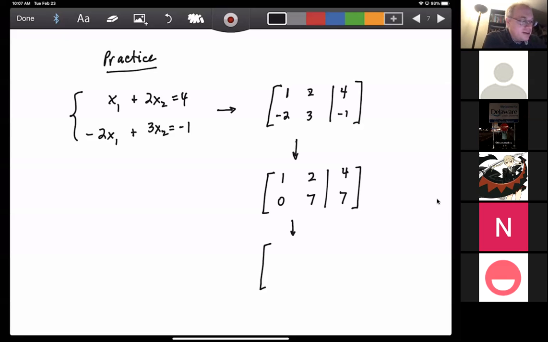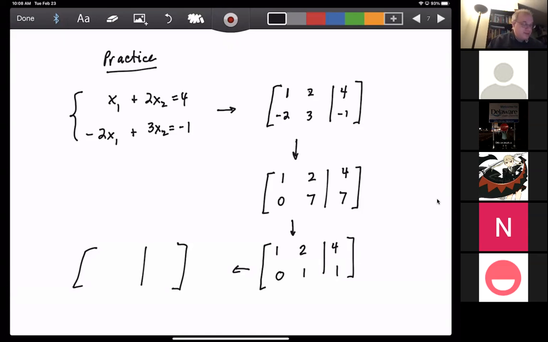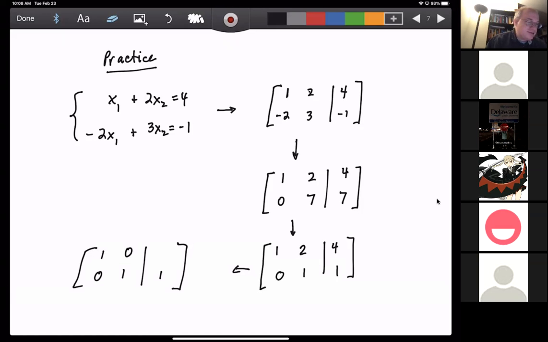Multiply by 1/7. Okay, I take my second row and I multiply by 1/7. Remember, I'm trying to get towards having a leading coefficient of 1. And what's my next step going to be? Add 2 times the second row to the first row, or -2 times the second row to the first row. Okay, sounds good. So 0 times -2 is 0 plus 1 is 1. 1 times -2 is -2.